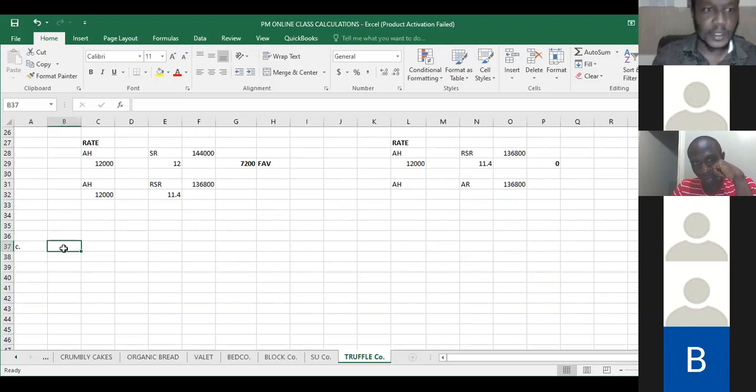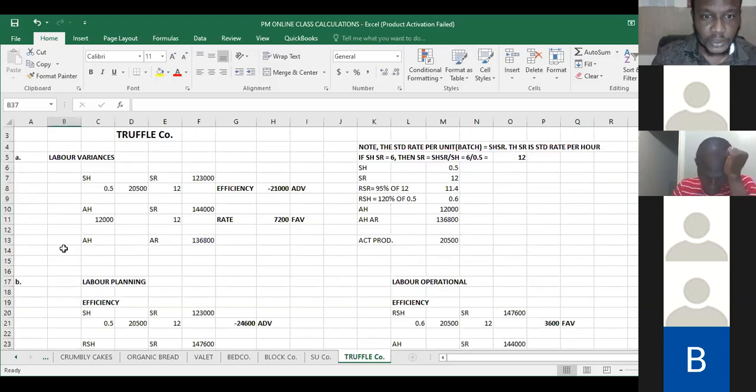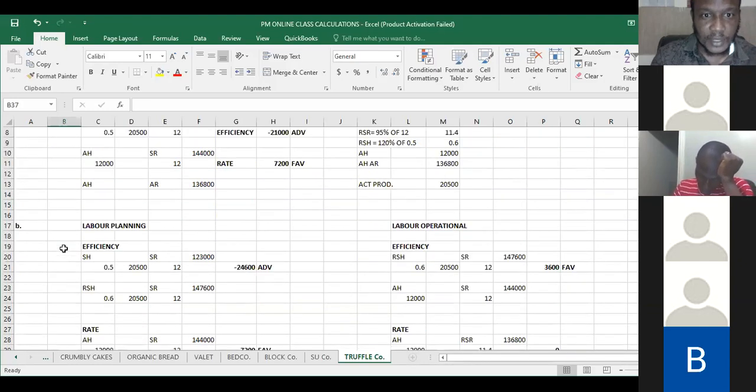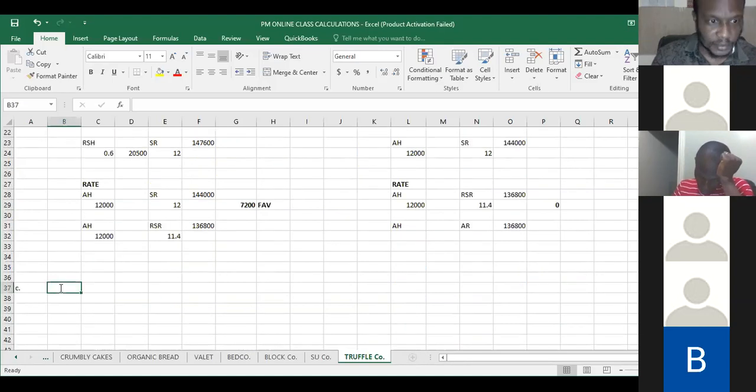So what did we say? The total efficiency variance is adverse, while the total, all right. And this is the tricky one now, because it's the other one I would have preferred to discuss. This one is not doing anything like that.